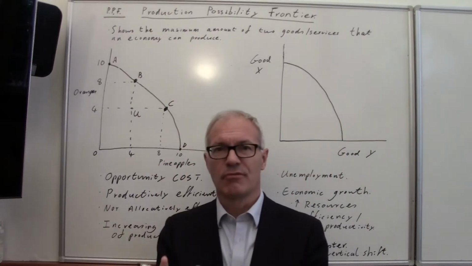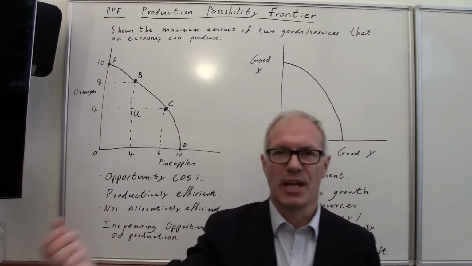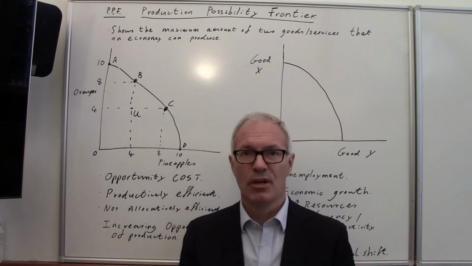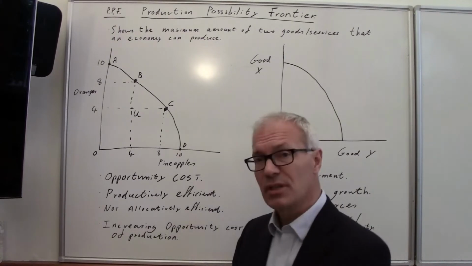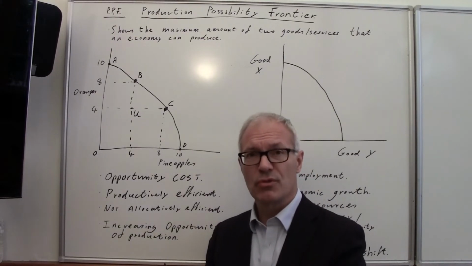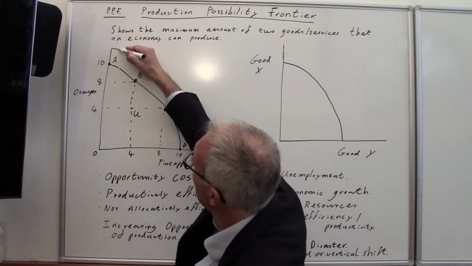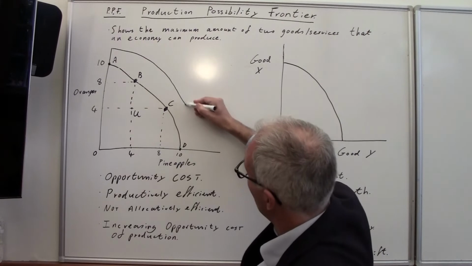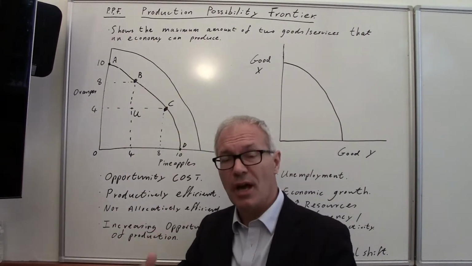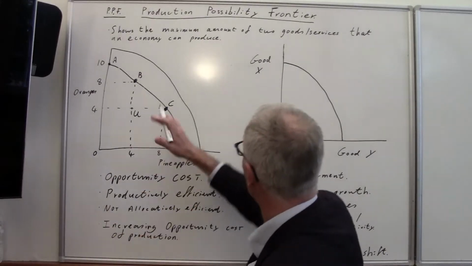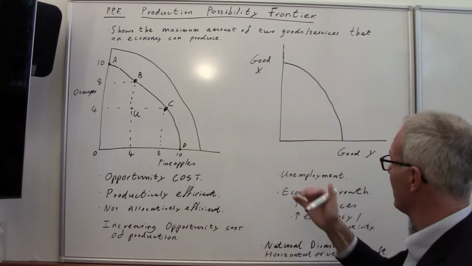We may on that island think, how can we produce more oranges and pineapples? So we could try and get some slaves, we could try and increase the amount of labour, we could get some more land if we took over a neighbouring island, so we could increase our resources, or we could use our resources more efficiently. And in that way, the PPF would move outwards. And guess what? We'd have more oranges and we'd have more pineapples. Okay, so we'll use this diagram here to focus mainly on the macro side.